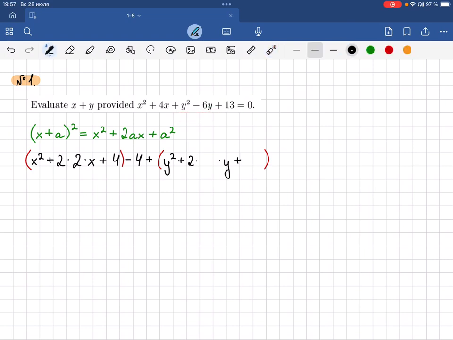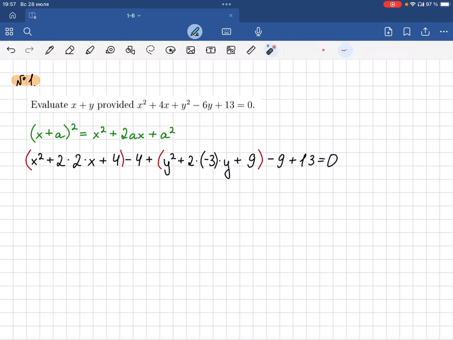If we divide minus 6 by 2, we'll have minus 3, so this is our constant. Plus minus 3 squared, which is just 9. And we also subtract this 9. And in our equation, we also have plus 13, so do not forget about it. Equals 0.